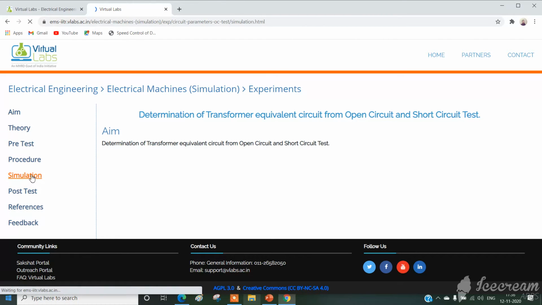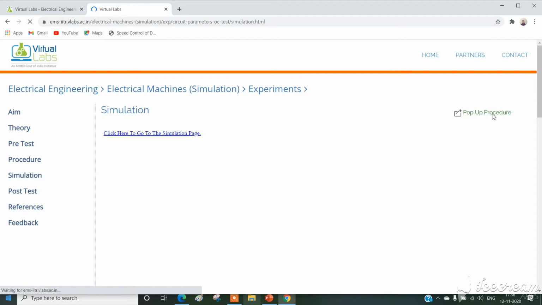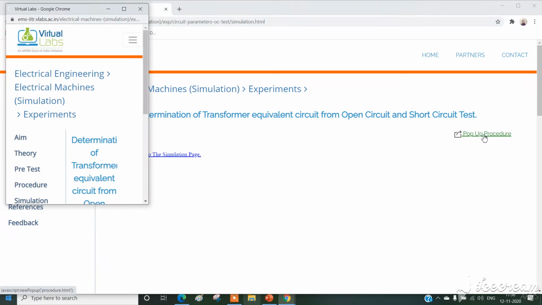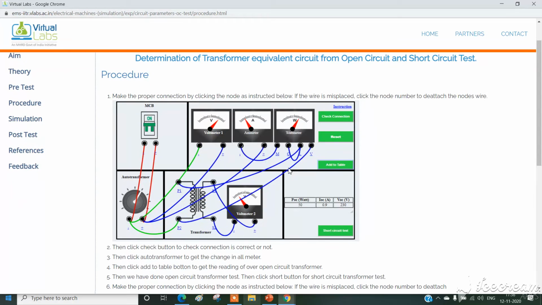Then again click on simulation. In that we have a pop-up. In the pop-up they provide the complete simulation procedures.